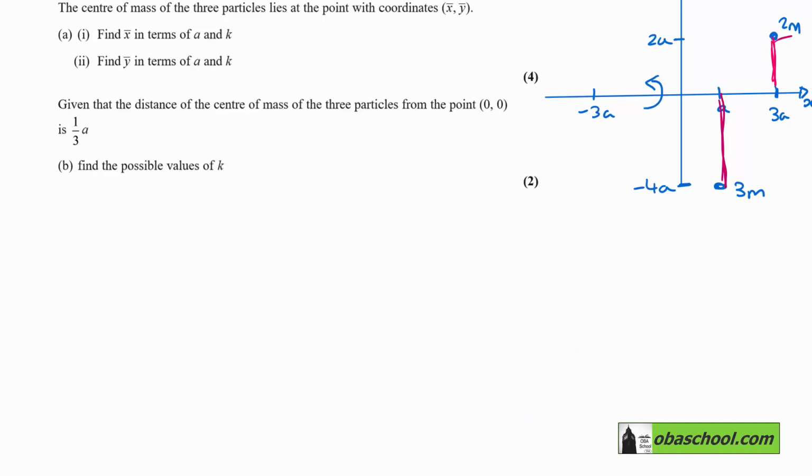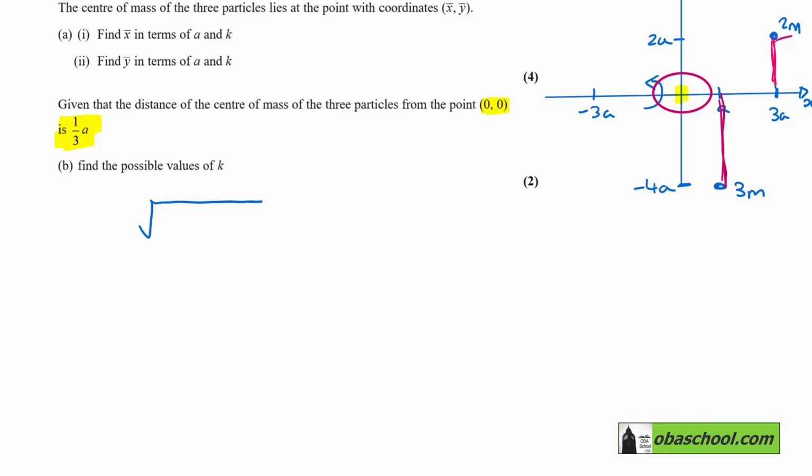Given that the distance of the centre of mass of the three particles from the point (0, 0), that's the origin, is one third a, find the possible values of k. Essentially what we're being told is that it lies on a circle surrounding the origin where the radius is one third a. We have expressions for x bar and y bar.